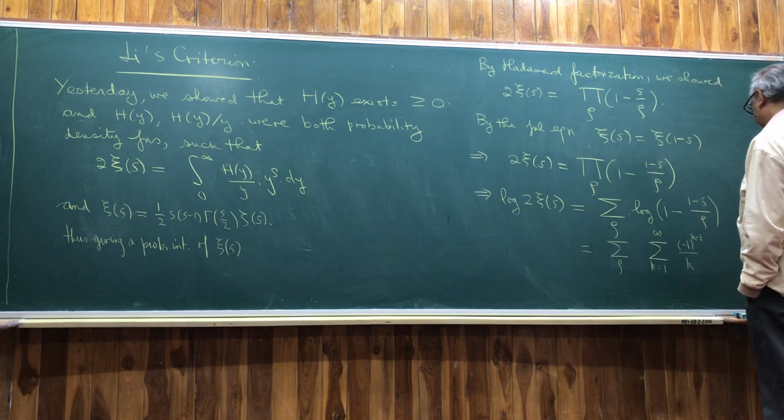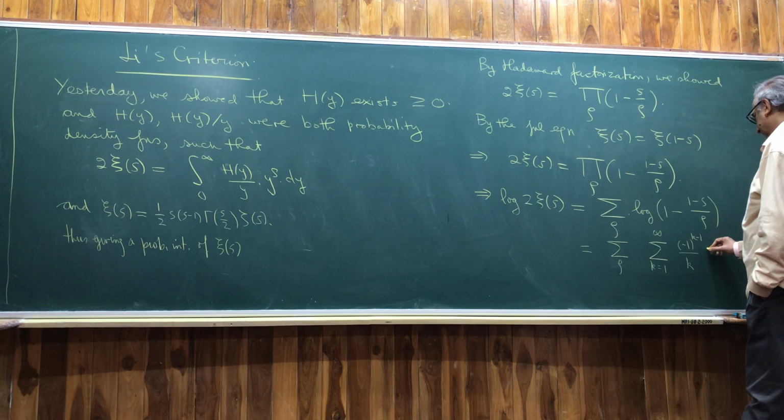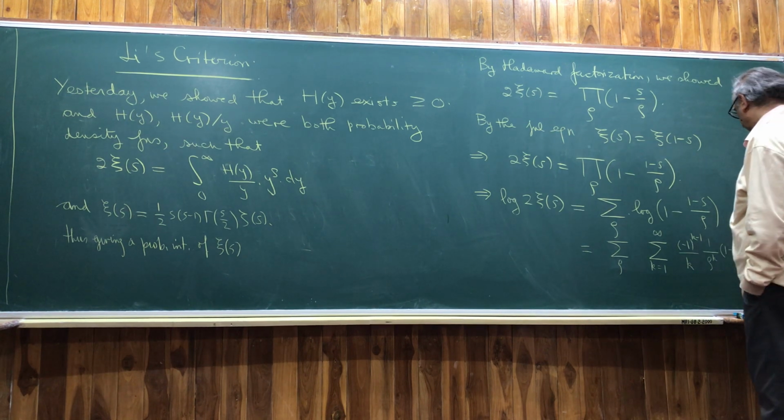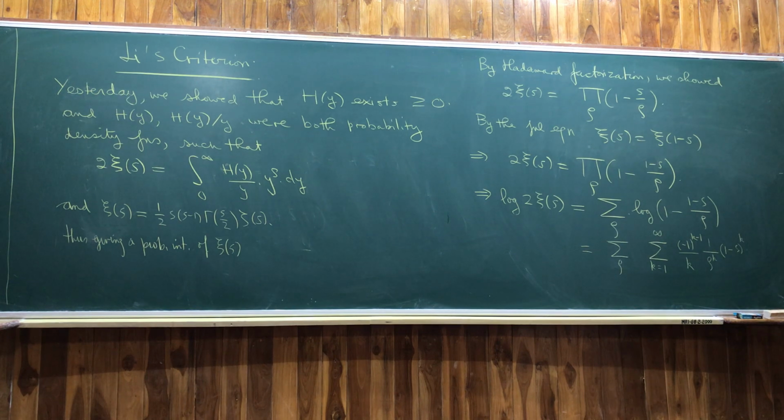Big K minus 1, 1 over rho to the k. Right, let me just expand.